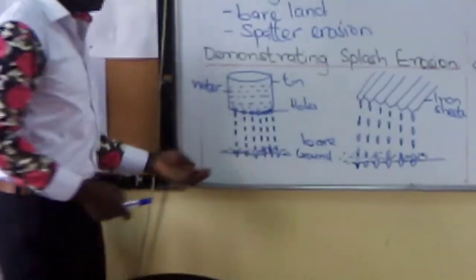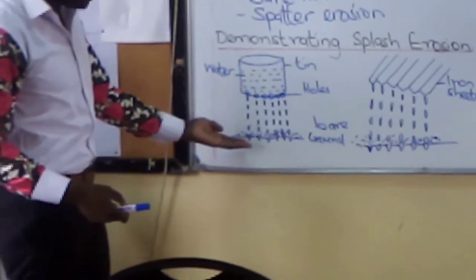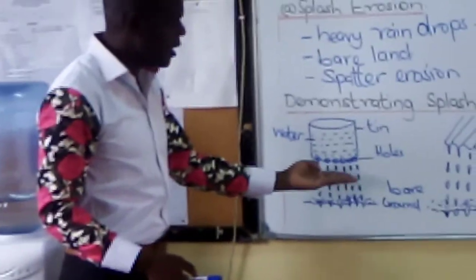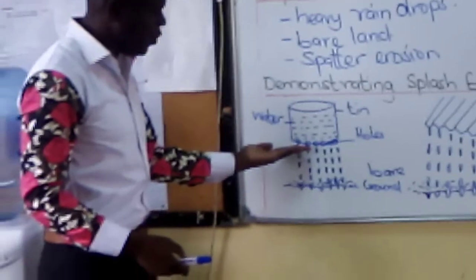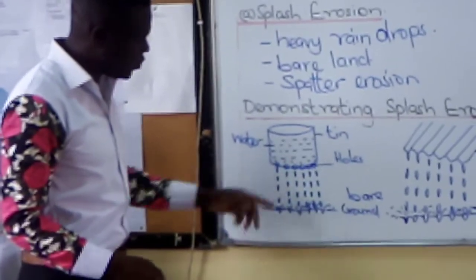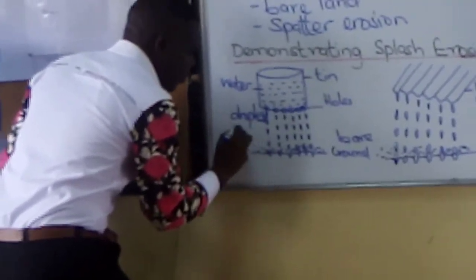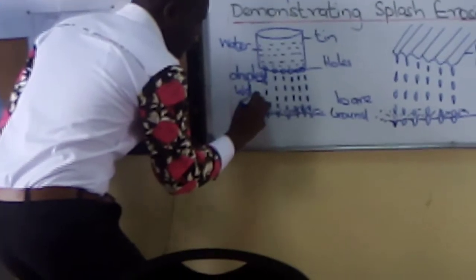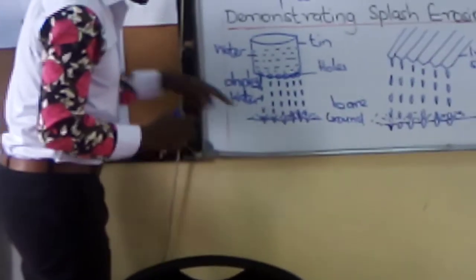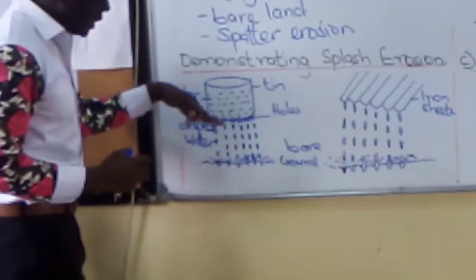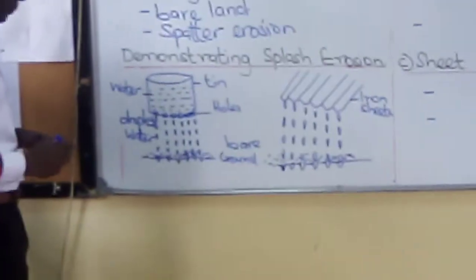I hope you are seeing this drawing very well. So this is the water in the tin. That is the tin, the holes at the bottom of the tin, and these are the water droplets. And this is the bare ground, and so the water is falling on a bare ground.